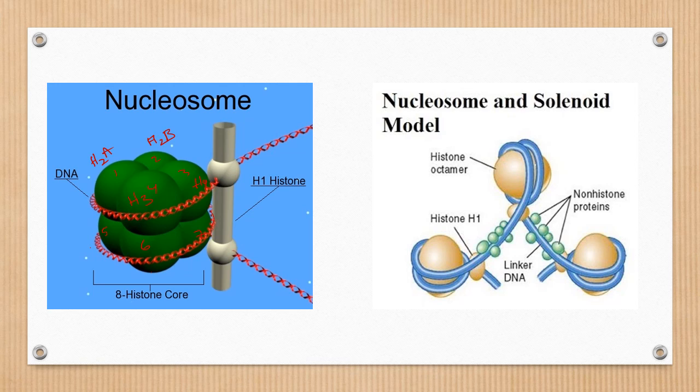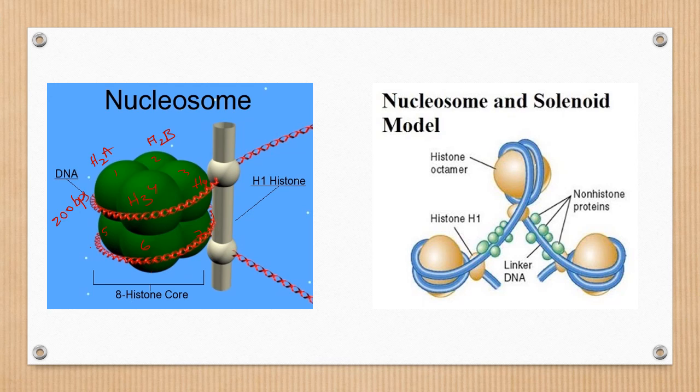Around this histone octamer, this red thread is a DNA molecule, and it is wrapped around the histone molecules. The DNA wrapped around this histone core consists of a total of 200 base pairs.